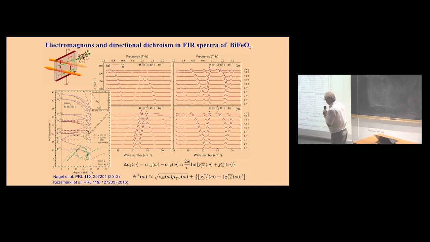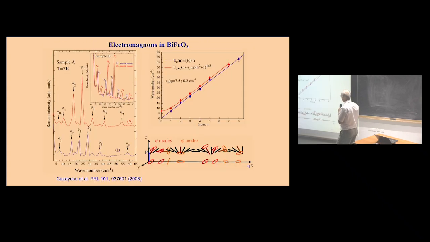The magnons in bismuth ferrite change quickly, dramatically with magnetic field, but I won't go into details. The electromagnons in bismuth ferrite are activated out of the Brillouin zone center due to the cycloidal magnetic structure. So you have an incommensurate modulation of the structure, and you can activate the magnons at Q vectors of the modulation.